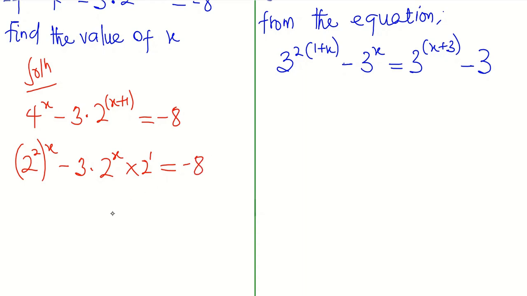Now having known this, we can see that we can go ahead and express 2 exponent 2 all exponent x as 2 exponent x all exponent 2 minus 3. So at this point we can put them in brackets, so 2 exponent x, and we know 2 exponent 1 is the same as 2, so minus 8.